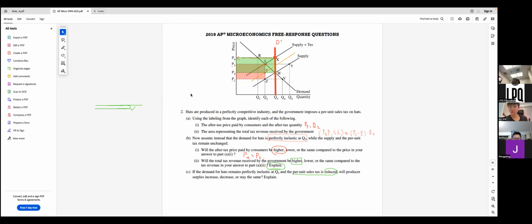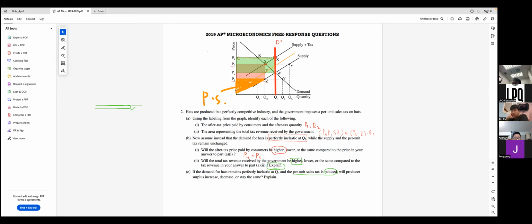So maybe the first step we need to find which area is the producer surplus. Producer surplus is the area below the producer price, above the supply curve. So kind of it's this part. Okay, so this is PS.